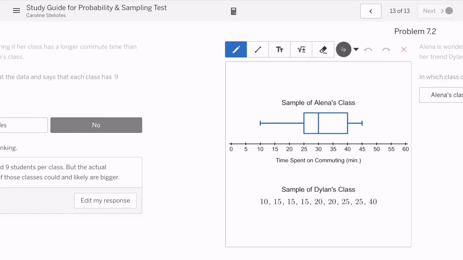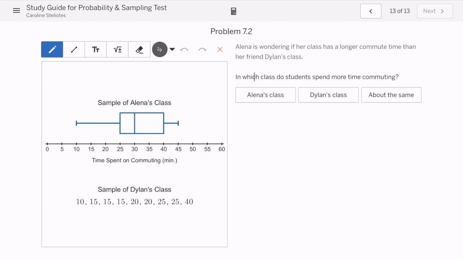Cool. And last but not least, in which class do students spend more time commuting? Alina's class, Dylan's class, or about the same. So if we look at Alina's class, we can identify the median very easily, right? Our median here is 30 minutes. And then if we go to Dylan's class, we can also find the median by trying to find the middle, right? That's what the median means. And we get 20.